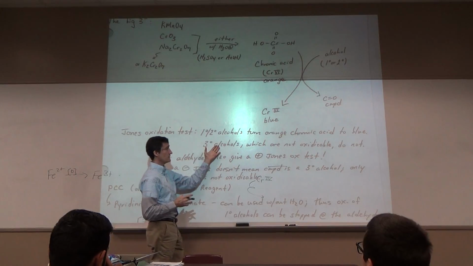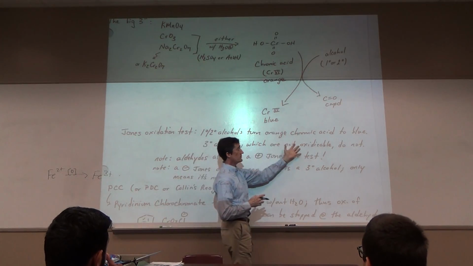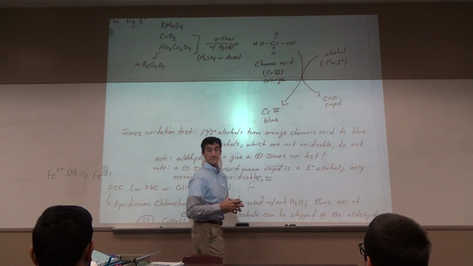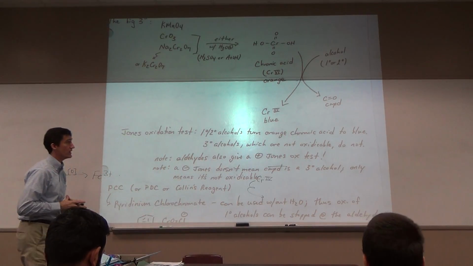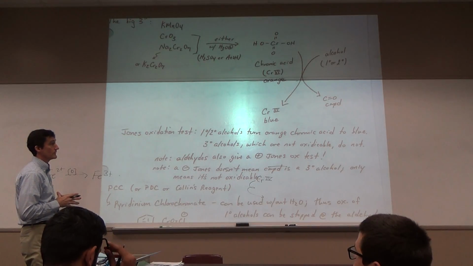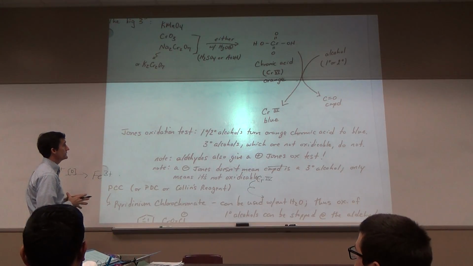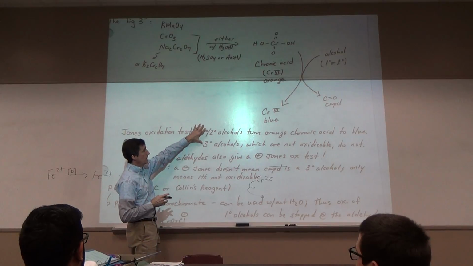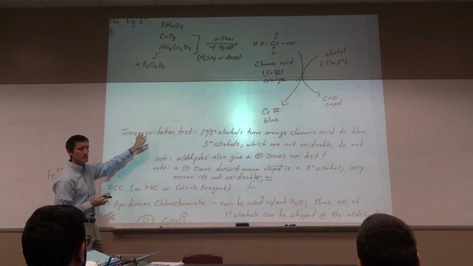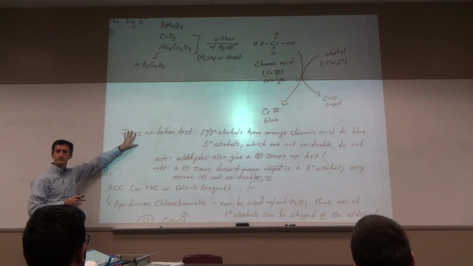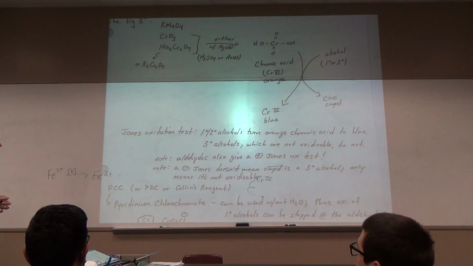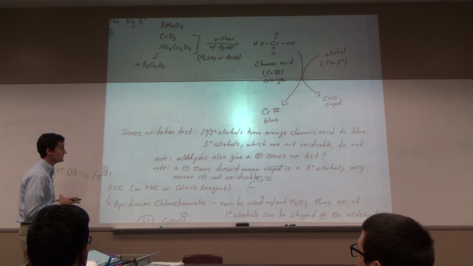But a tertiary alcohol, which is not oxidizable, does not. Tertiary alcohol will not reduce the chromium. So this is a common test to determine perhaps what type of alcohol you have. This complements, what was the other test we had? The Lucas. Sort of complements that. Okay?